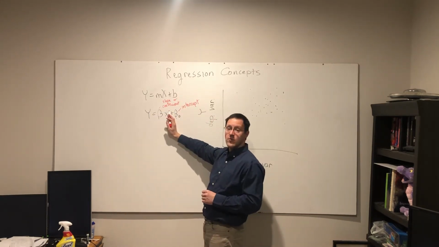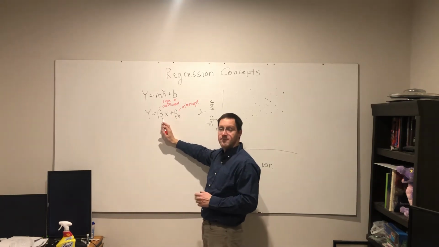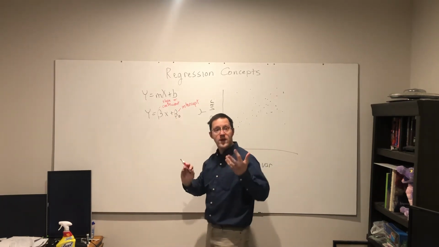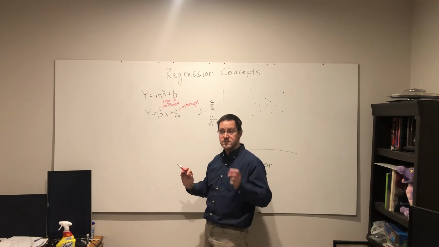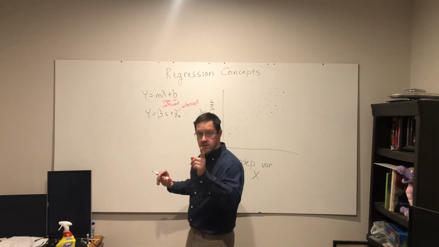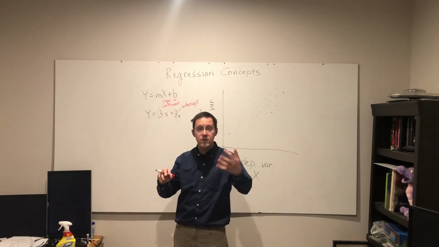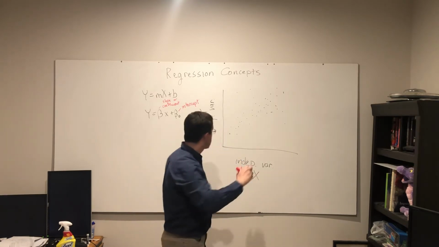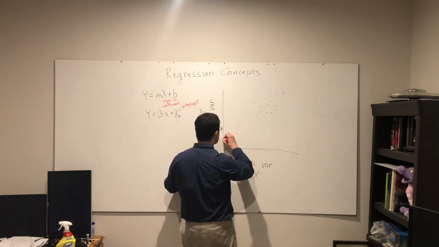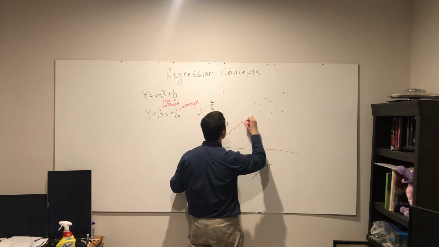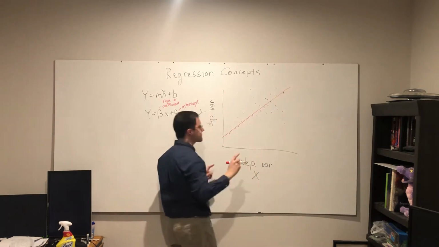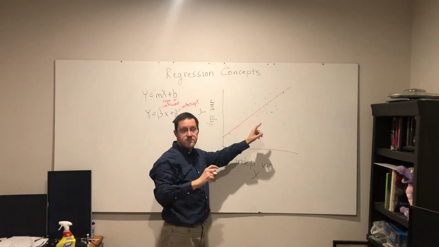You can still think of this as the slope. It often gets called, though, the coefficient. And so we have our coefficient, we have our intercept. So we get this line.